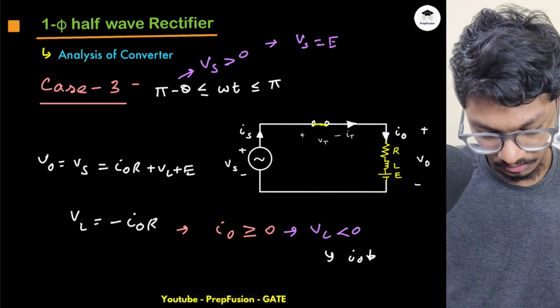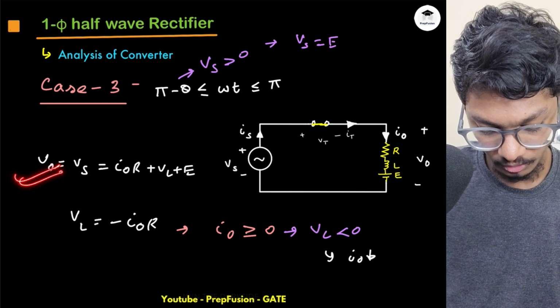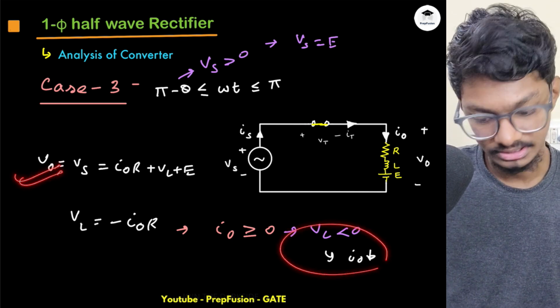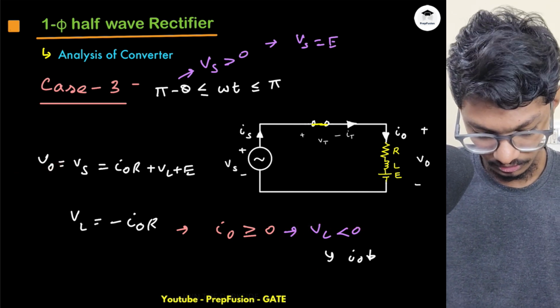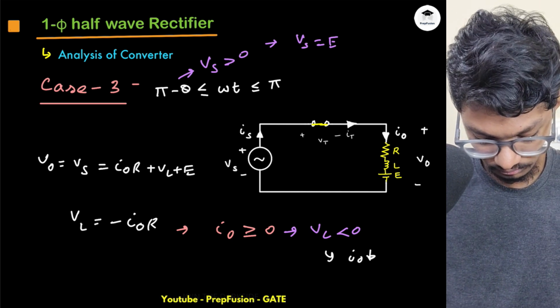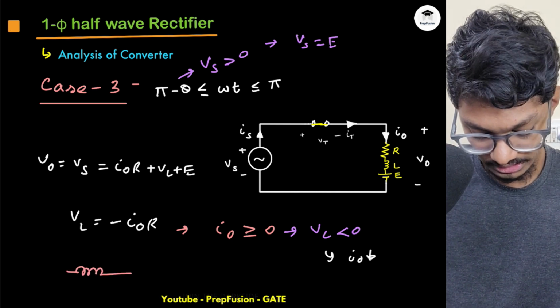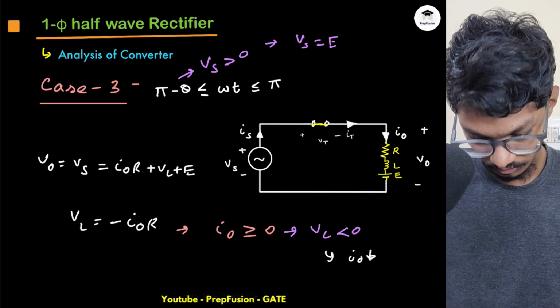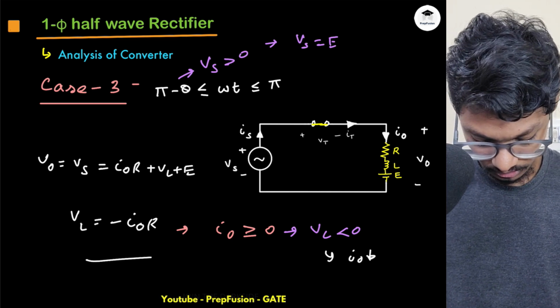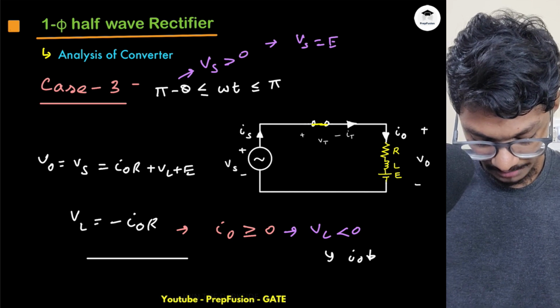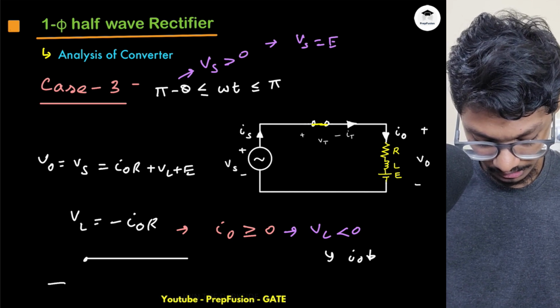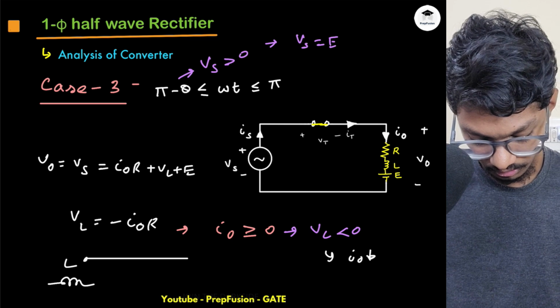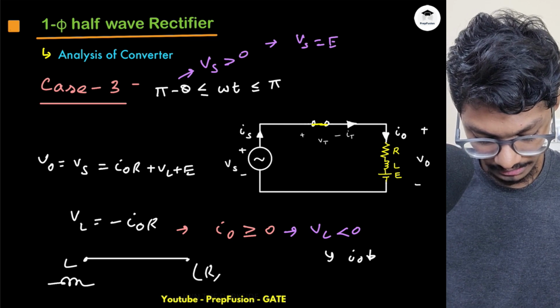Why? Because from this point on, the inductor is discharging. What can I say? I can say that the power flow, if I just draw the power flow diagram, is happening from the inductor to the R and the E, right?